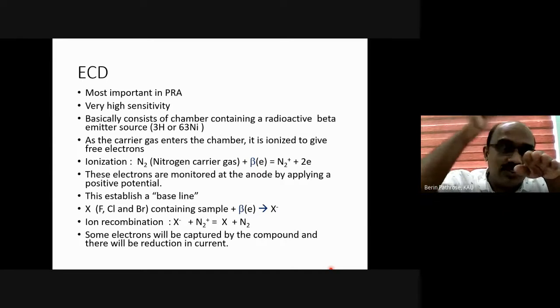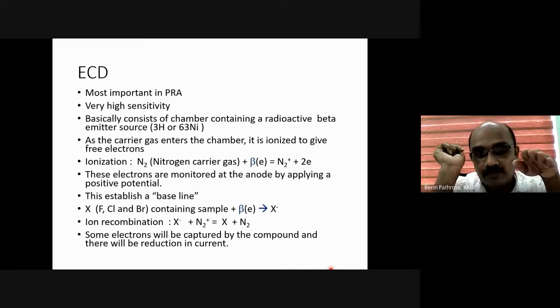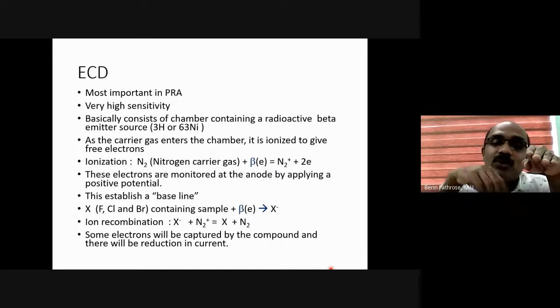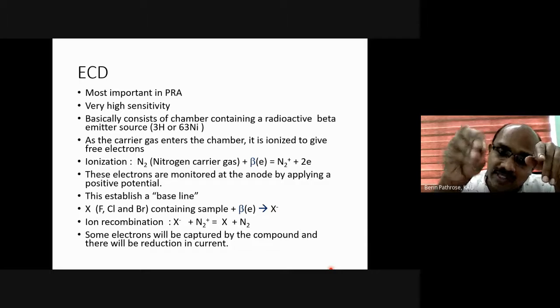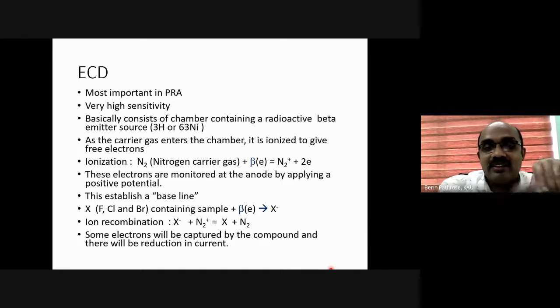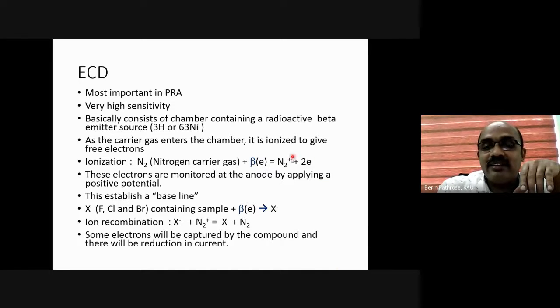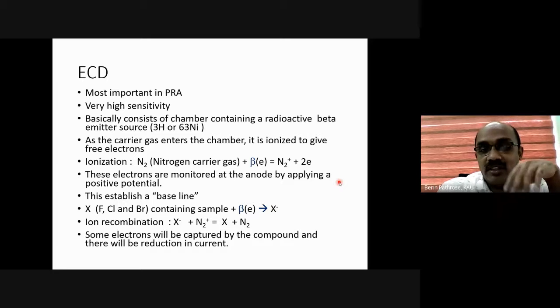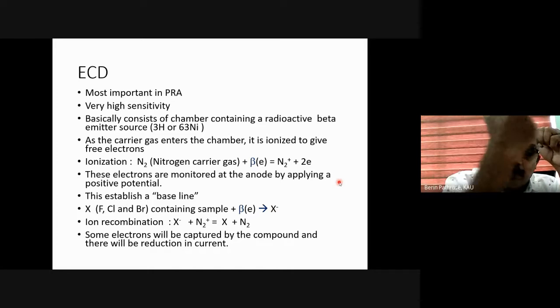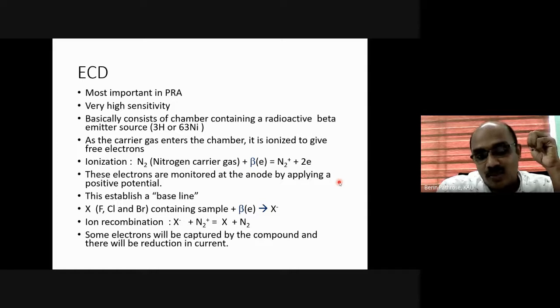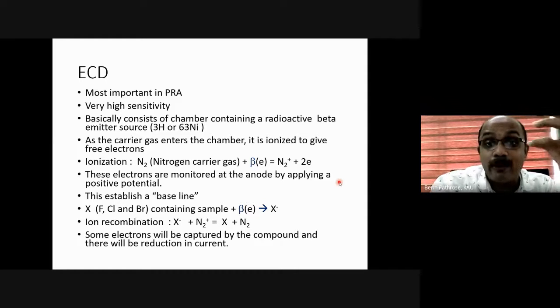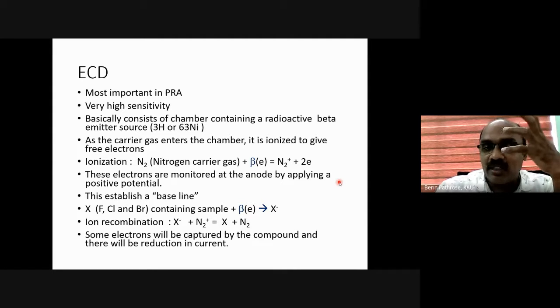Then we will introduce the sample. Once there is a compound carried along with the carrier gas, there will be a change in the current, because some electrons will be absorbed by the compound, especially those compounds containing electronegative atoms such as chlorine, fluorine, bromine, iodine, etc., because they are extremely electronegative.